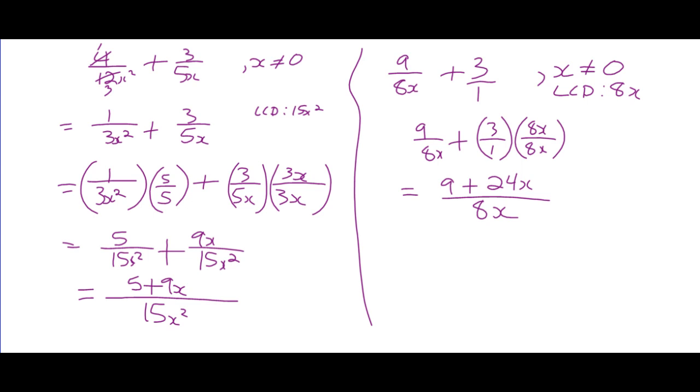Okay, so if you're adding just a number, like 3, then write it as 3 over 1 so it looks like a fraction. Then figure what's my lowest common denominator, right? After you do restrictions. So restrictions first, what's the lowest common denominator?